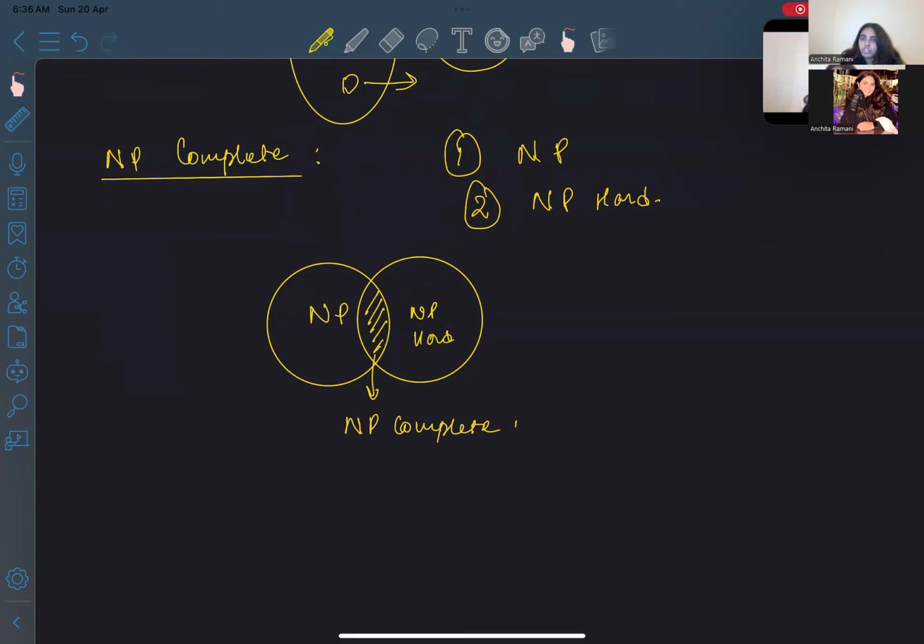Basically, it has to be a non-deterministic algorithm and should also satisfy the property of NP-hard, that is, it should be reducible to X. That's how we see whether a problem is NP-complete or not. There are a lot of NP-complete problems like SAT, 3CNF SAT, clique, vertex cover, Hamiltonian cycle, TSP, subset sum, and a lot more.